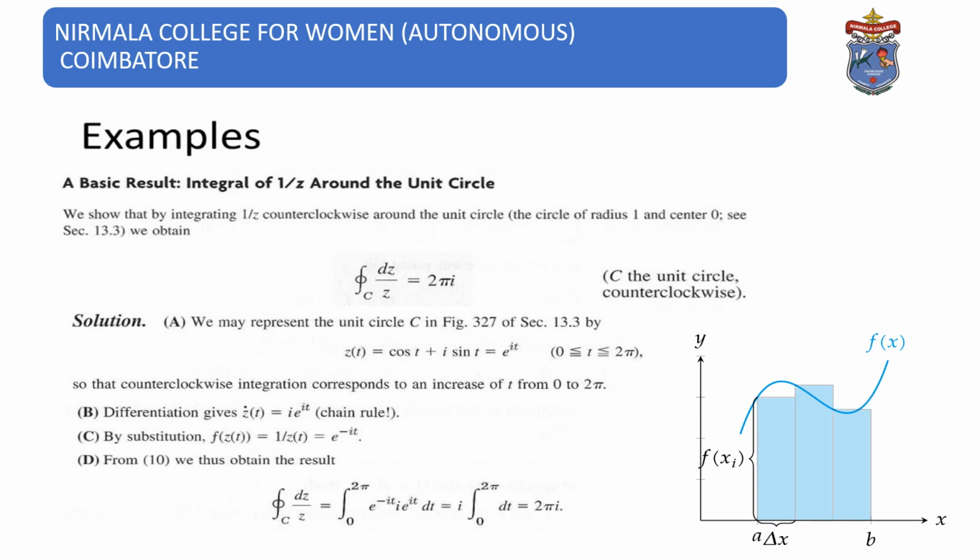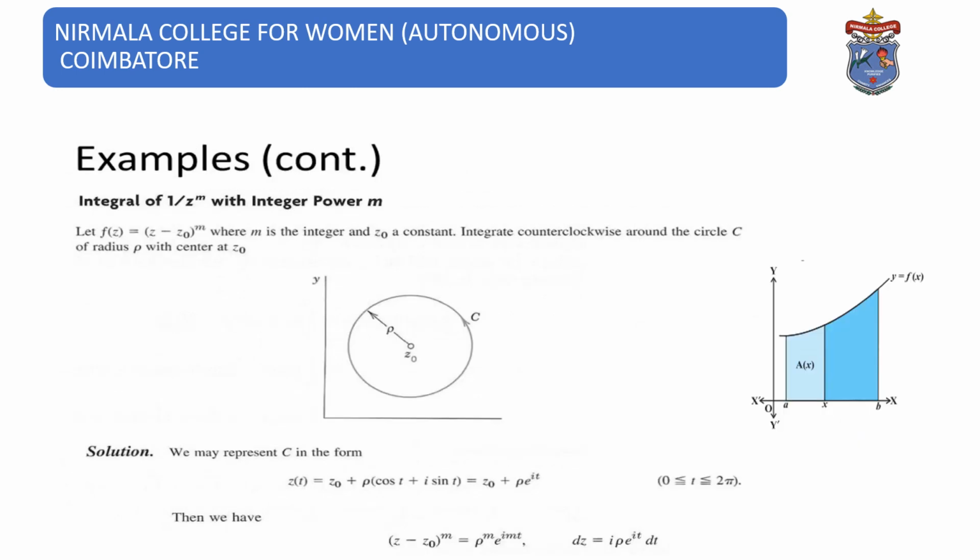In the next example, let us find the integral of 1 by z power m with a circle at center z0. Here, the curve C is represented by z of t equal to z0 plus rho into cos t plus i sin t.